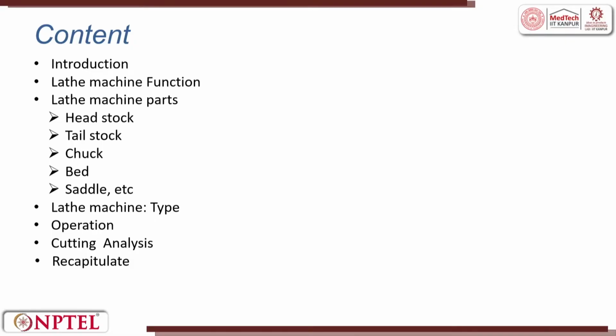So, we will try to look into each of the subsystems like headstock, tailstock, chuck, bed, saddle, etc. Then we will try to look at various types of lathe machines which have evolved over a period of time, and then some very simple operations which we generally try to do with a lathe machine, and finally, we will try to have a recap of this entire lecture.